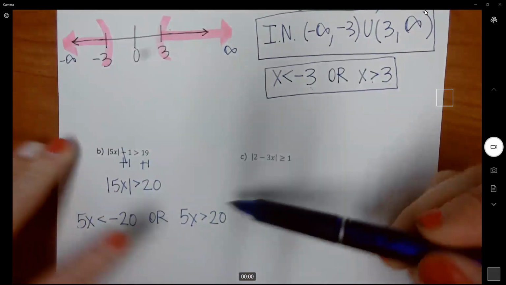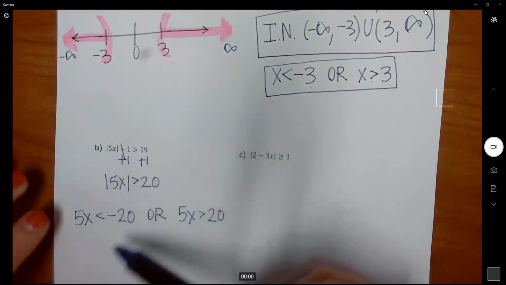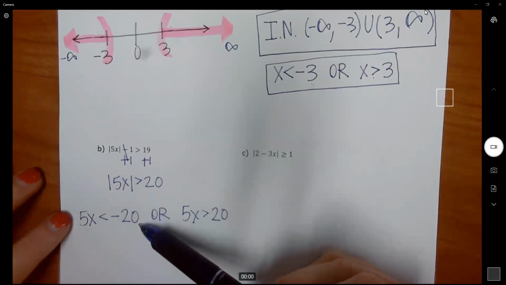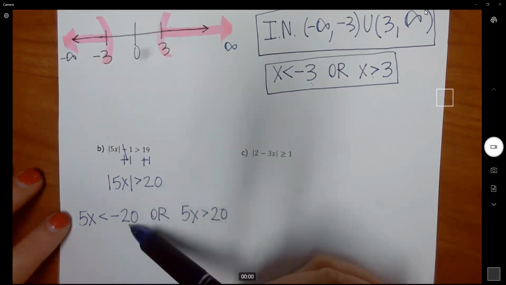So this one over here looks exactly like this without the absolute value. For this first one that I made, I flipped that symbol and I changed the sign.